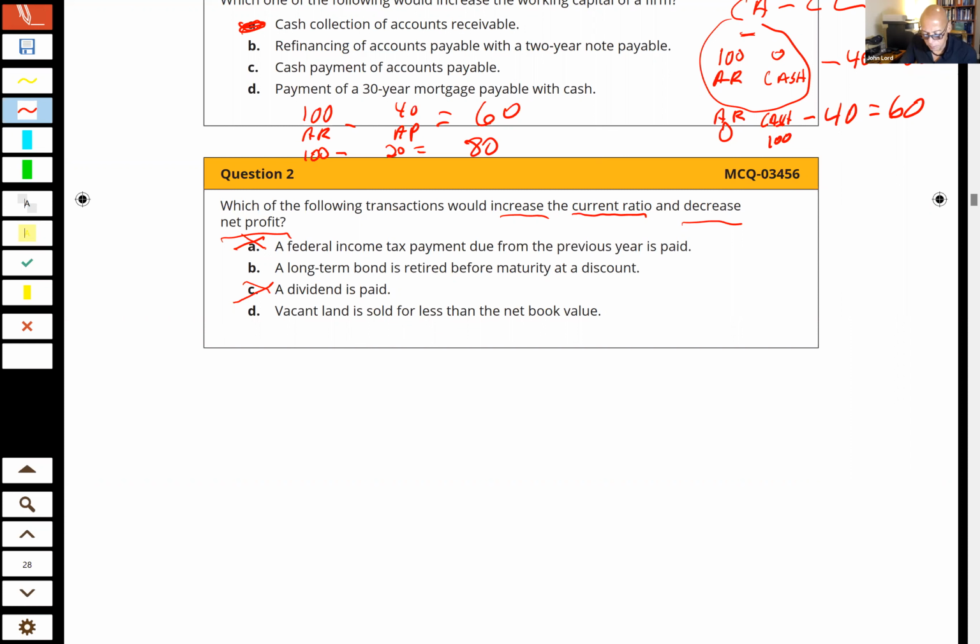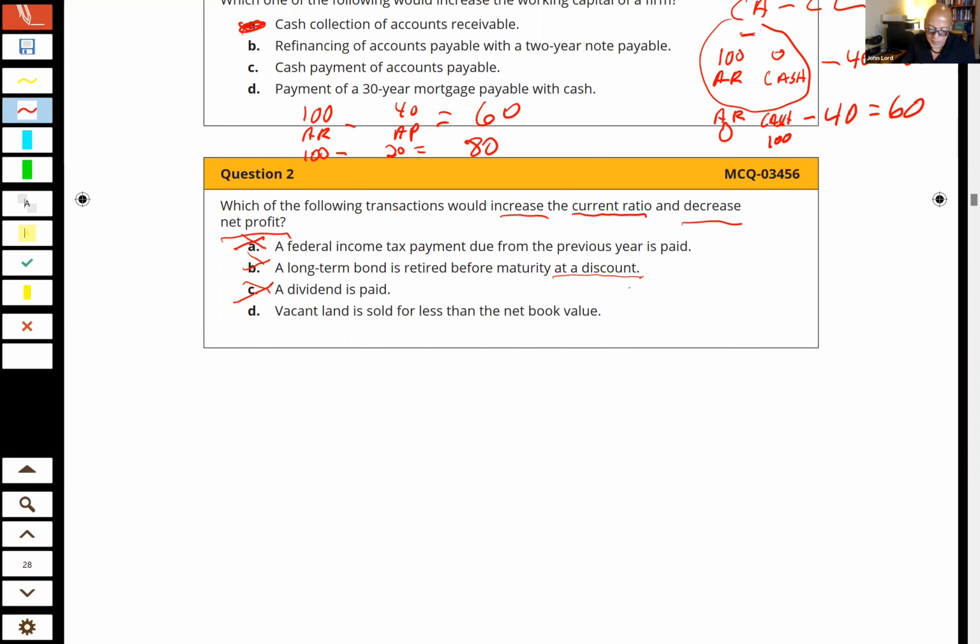Now, if you look at B, which was also incorrect, if I retire a bond before maturity at a discount, what that's telling you is I retired that bond and I had to pay less than the carrying amount of that bond. Well, that's like getting to pay off your mortgage for less than you owe on it. That's going to be a gain. So that's going to increase the profitability.